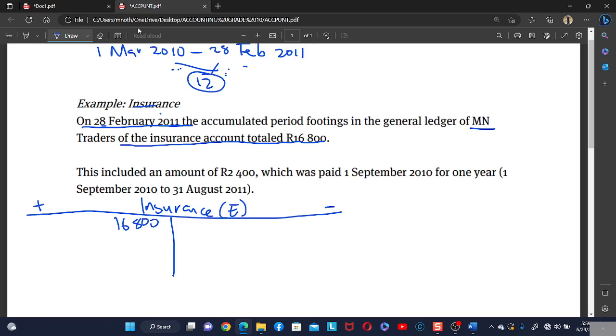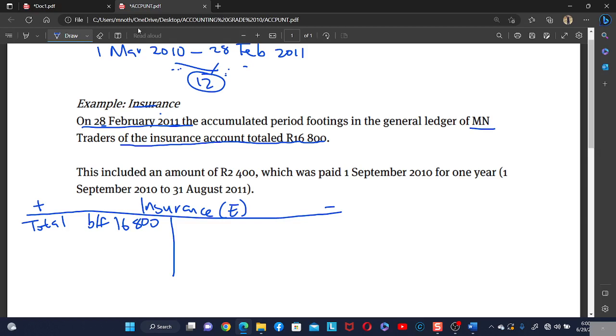So the total is how much? It is 16,800. So this is a balance brought forward. For the expenses and the incomes, we don't write the balance brought down, we write the balance brought forward. So this is a total, 16,800.